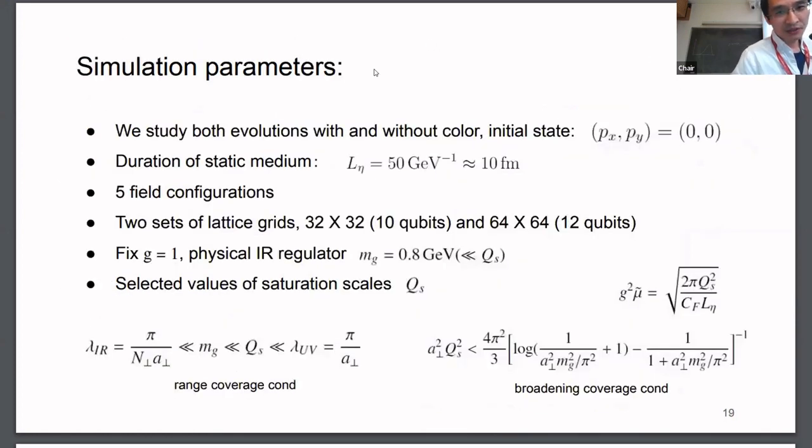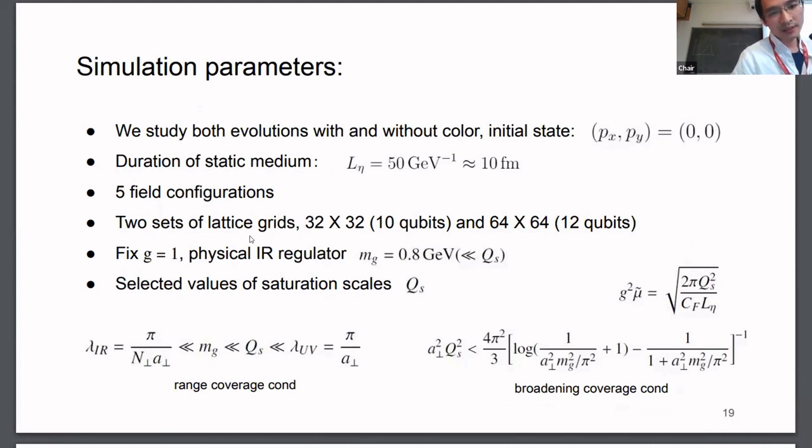And for our particular simulation, as I said, we study both with and without color, with the initial state. For the simulation with color, we start with a superposition of 2 colors. And this is very simple to do on a quantum computer with the Hadamard gate. The duration of the slab is about 10 Fermi. We use 5 field configurations here.